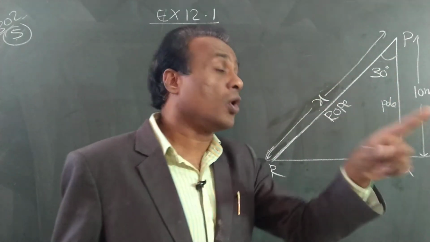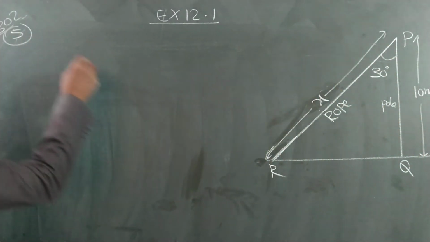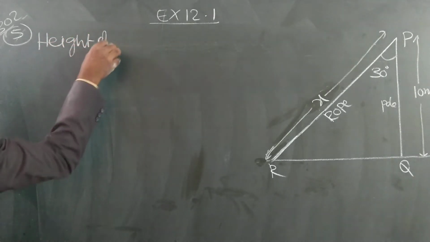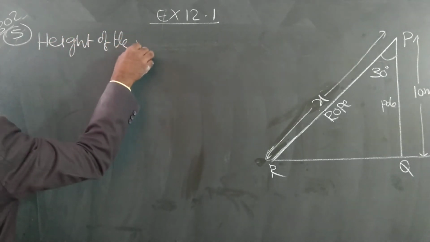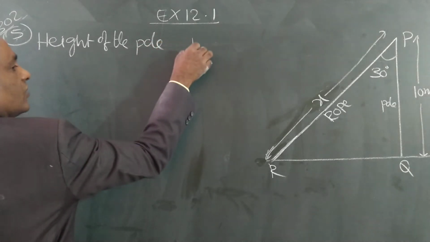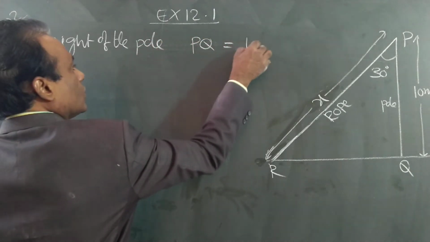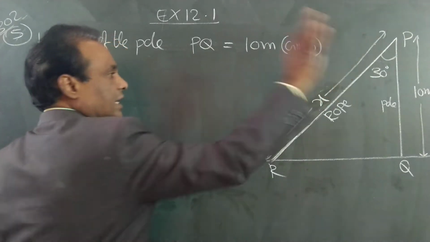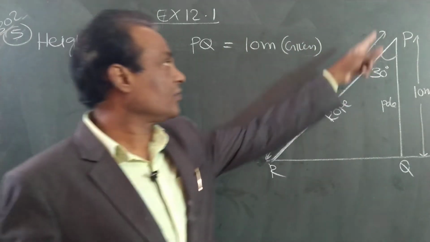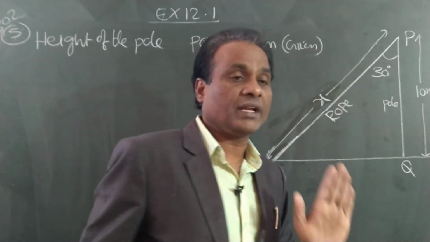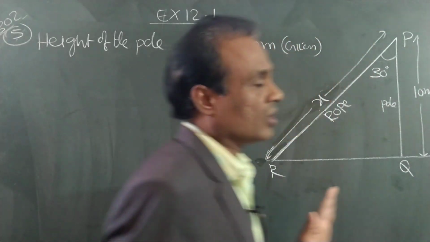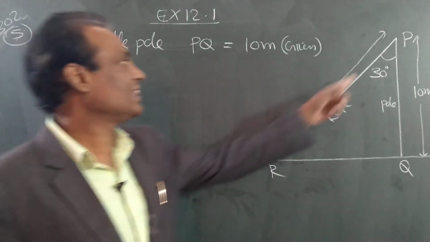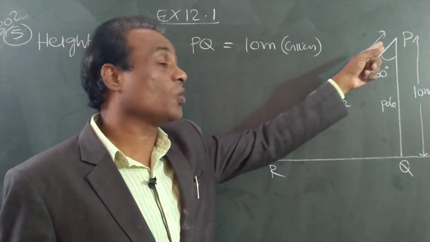Height of the pole is equal to 10 meters. Write down the height of the pole. What is the pole here? PQ is equal to 10 meters, given. Height of the pole PQ is equal to 10 meters. Understood or not? Now, the length of the rope we have to find.